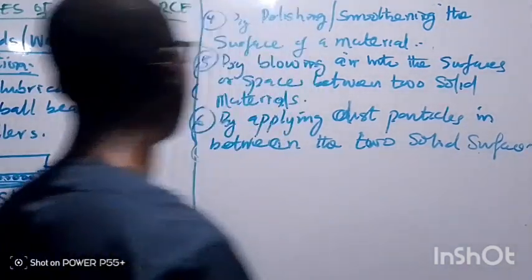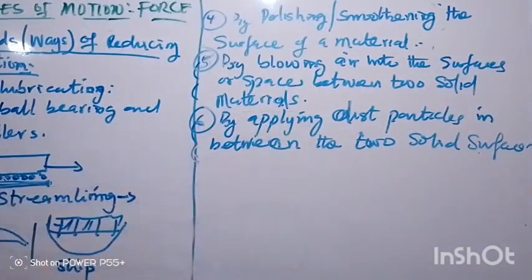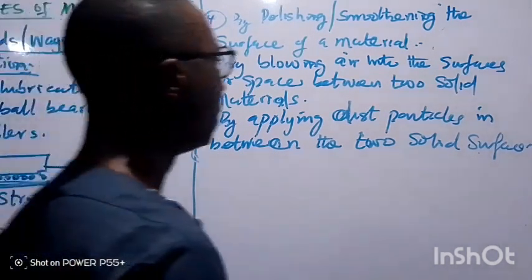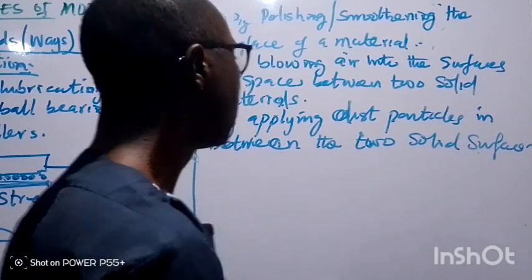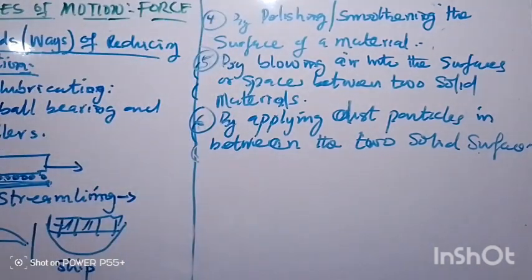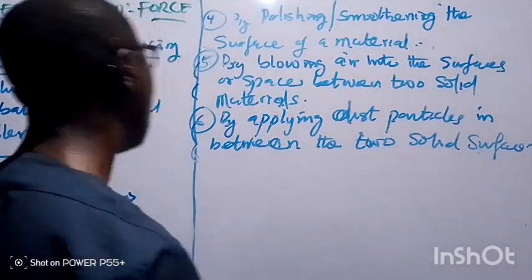Especially this one is used in the glass industry when they are packing glasses. Before they place one glass on another, they will introduce small dust particles. That dust particle will cater, if at all the glass slides over another, then it will not crack.